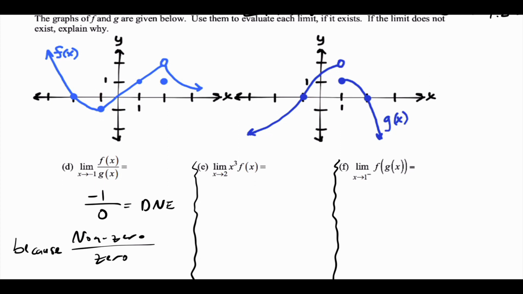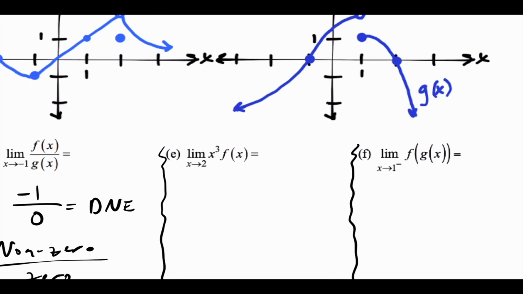Okay, letter E. Letter E is a combination of two things: equations and graphs. In this class we look at graphs, we look at equations, and we look at tables. Those are the big three things, and this has two of them.